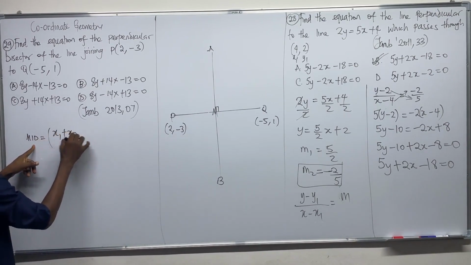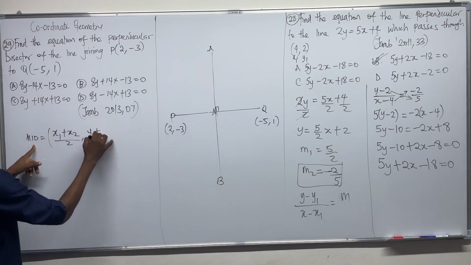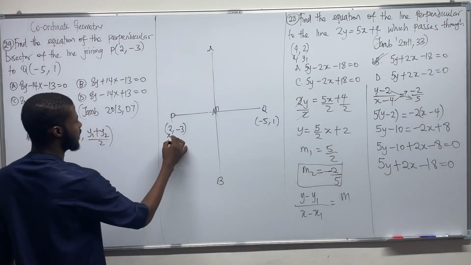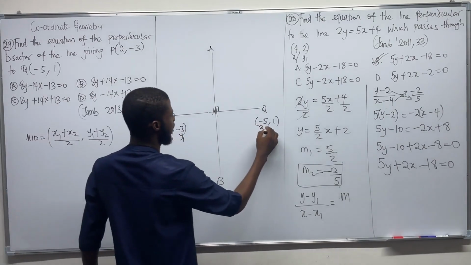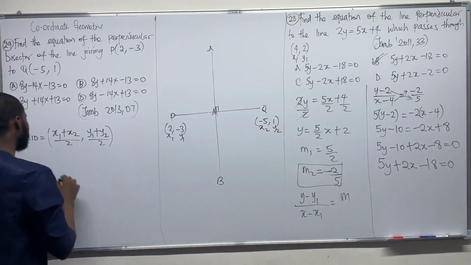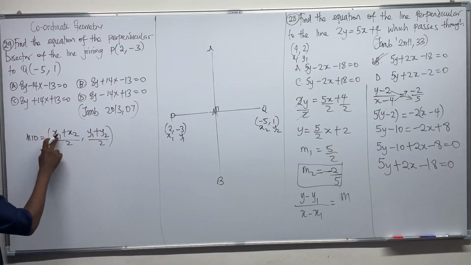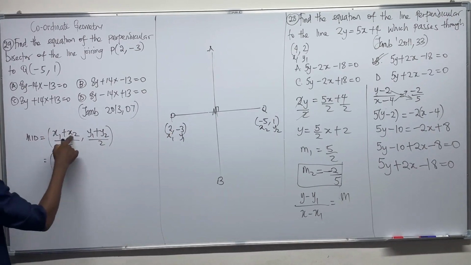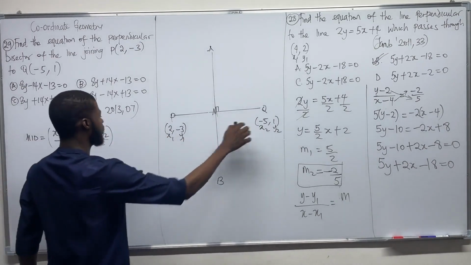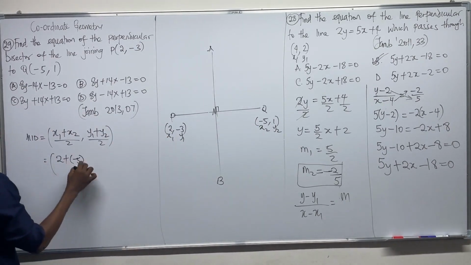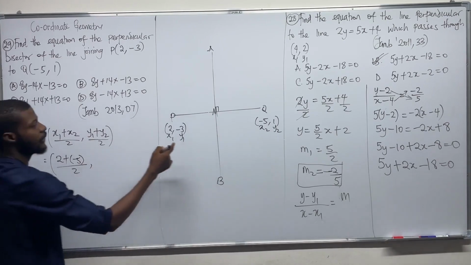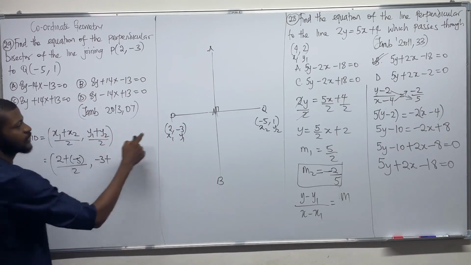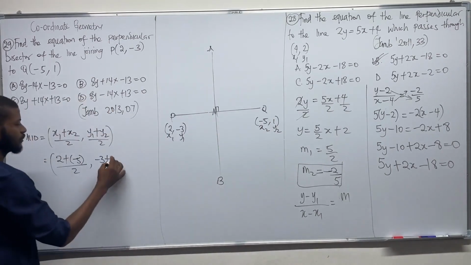So the midpoint is going to become x1 plus x2 over 2, y1 plus y2 over 2. Since this is our point, we're going to say this is x1, y1, and this is x2, y2. So what is x1? x1 is 2. Plus what is x2? x2 is minus 5, over 2. What is y1? y1 is minus 3, plus what is y2? y2 is 1, divided by 2.